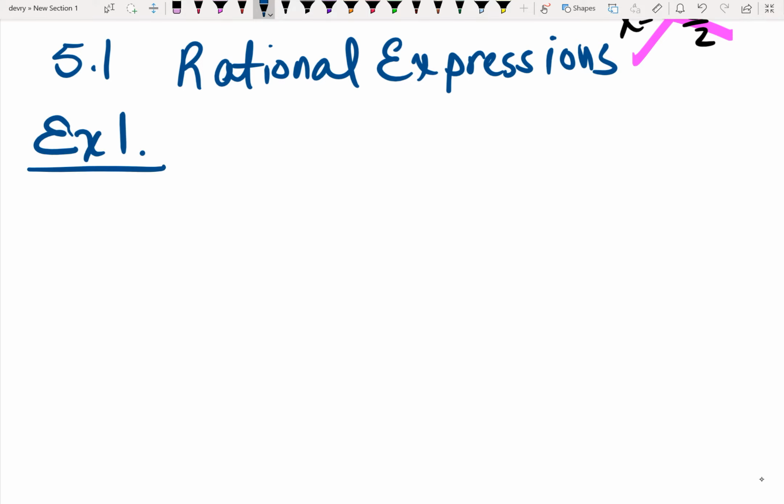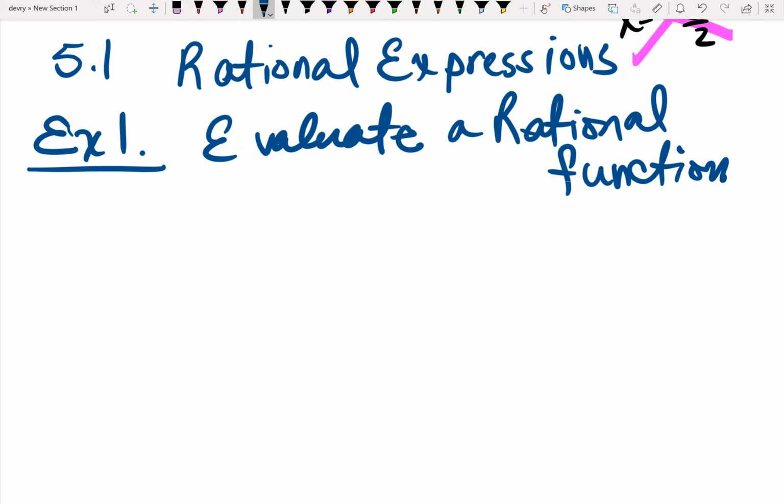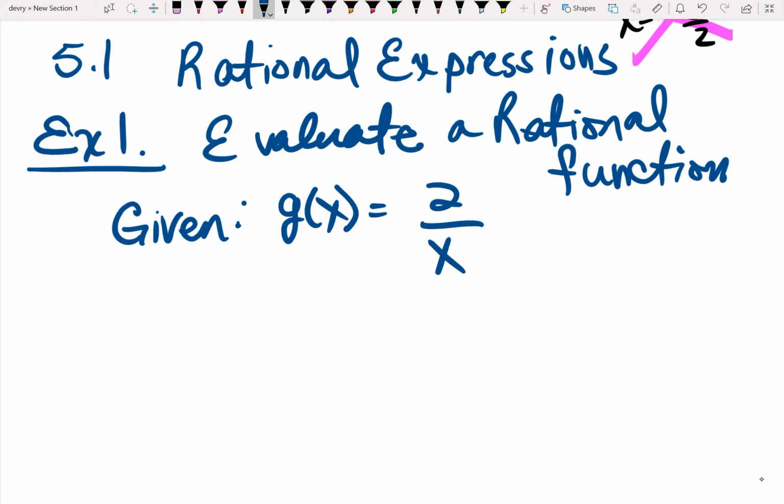In example 1, they want us to evaluate a rational function, and our rational function given to us is g of x is equal to 2 over x minus 3.